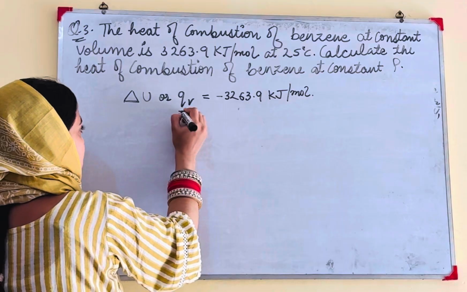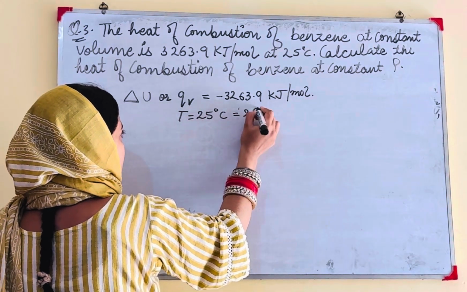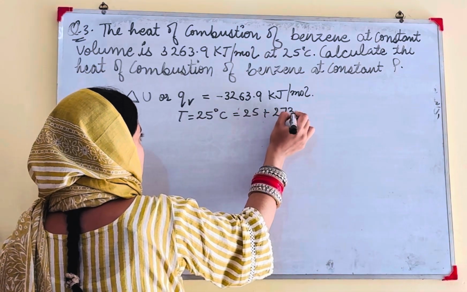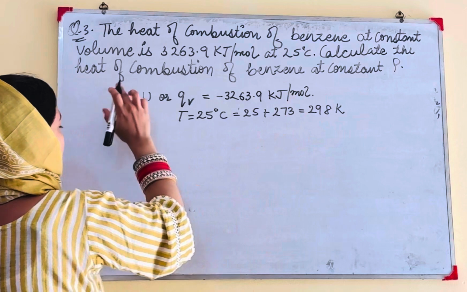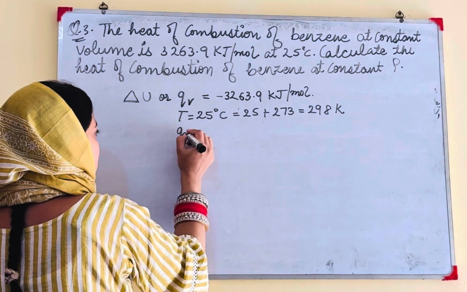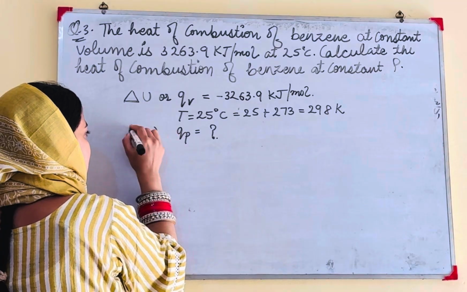Now next is temperature. Temperature is 25 degrees Celsius, which is 25 plus 273, which is 298 Kelvin. Now calculate the heat of combustion at constant pressure, QP, or you can say delta H.